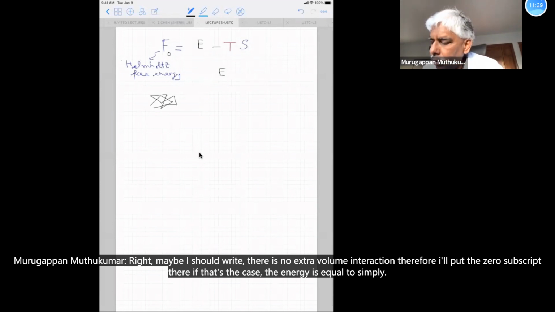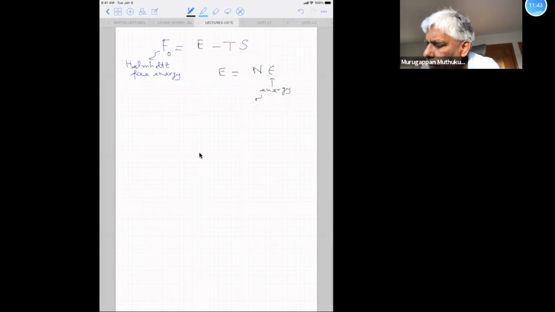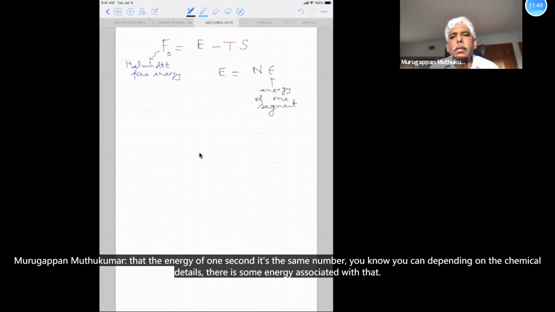If that's the case, the energy is equal to simply n, the number of segments, times the energy per segment. That's the energy of one segment. It's some number.